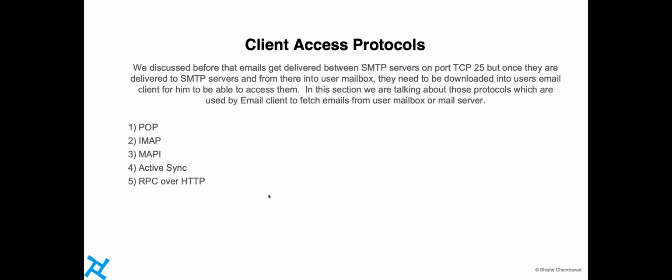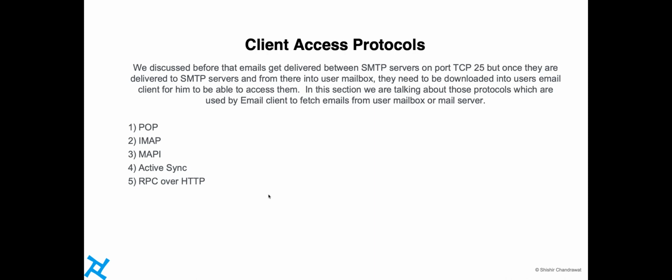We discussed before that email gets delivered between SMTP servers on TCP port 25. But once they are delivered to the SMTP server, and the SMTP server places the email in the respective users' mailboxes, then they need to be downloaded into the users' email client.